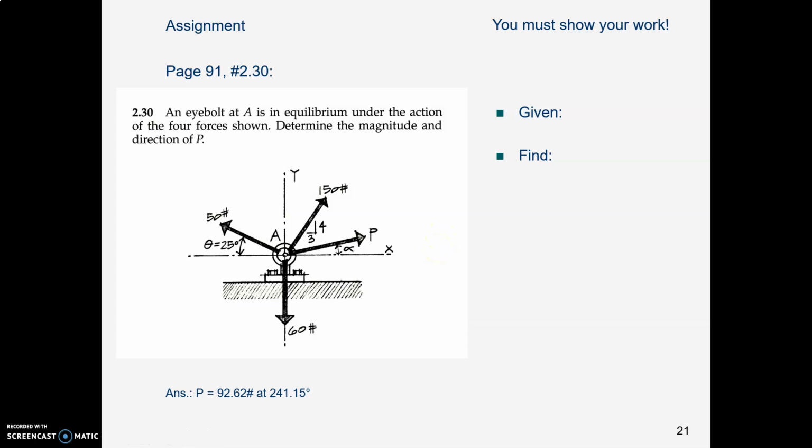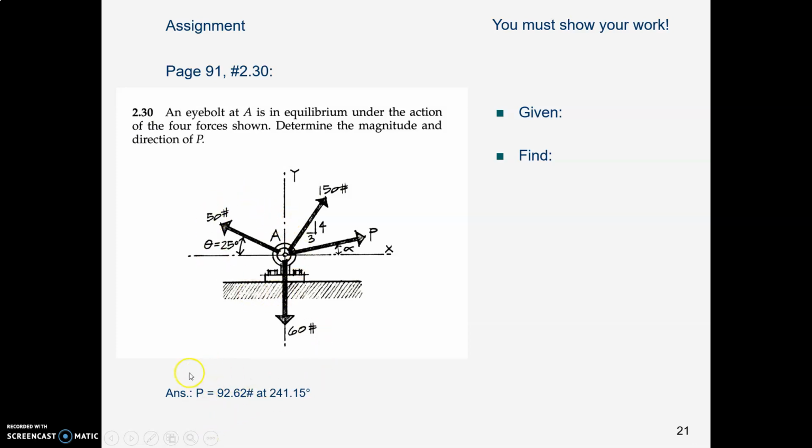All right, so what you should do is draw the three forces that you know at the right length, at the right angle, and put them together tip to tail, and then see what kind of arrow it will take to form a closed loop.